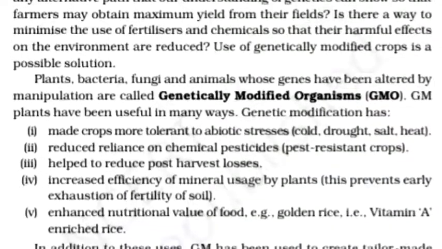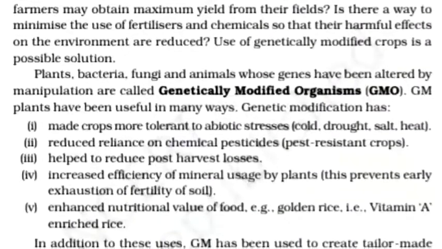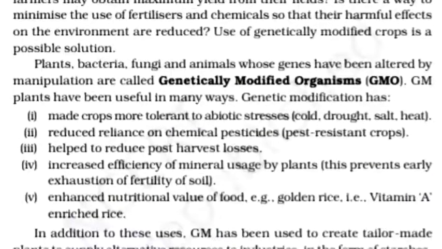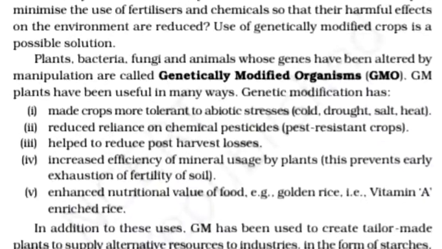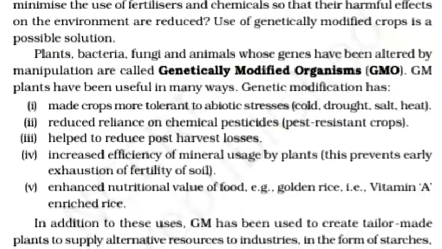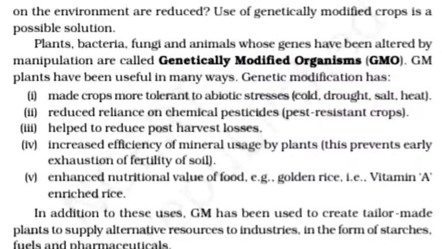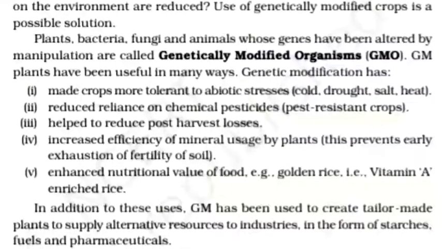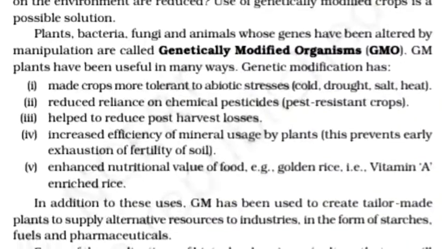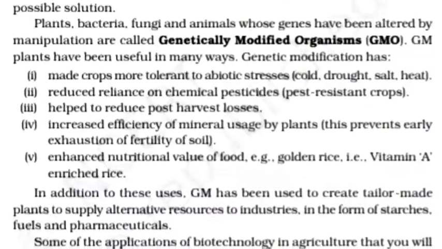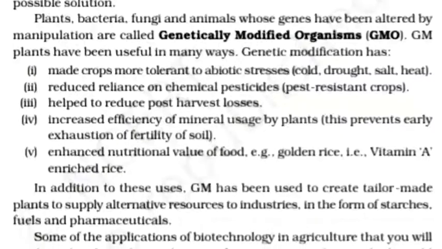Genetic modification has: 1. Made crops more tolerant to abiotic stress: cold, drought, salt, heat. 2. Reduced reliance on chemical pesticides, through pest resistant crops. 3. Helped to reduce post-harvest losses. 4. Increased efficiency of mineral usage by plants. These prevent early exhaustion of fertility of soil. 5.